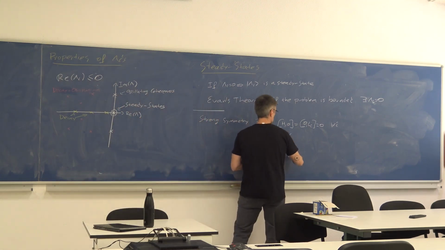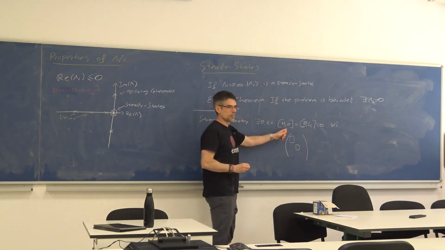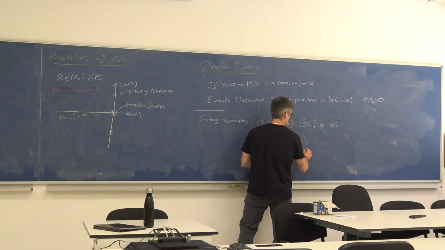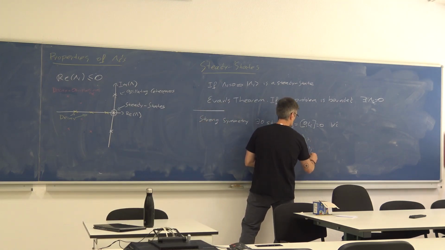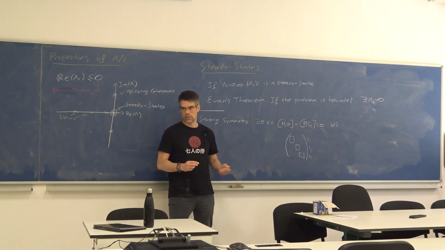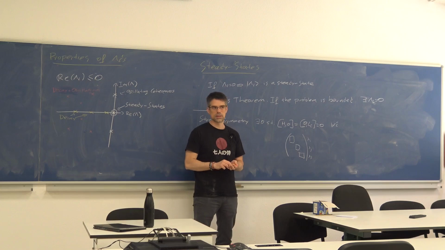Basically, you can analyze in the eigenbasis of this operator. Depending on this operator's eigenvalues, called lambda 1, lambda 2, lambda 3, you will have different subsections of your Liouvillean. For each of these subsections, you can apply the Evans theorem, and you will have at least one steady state for each of these subspaces.